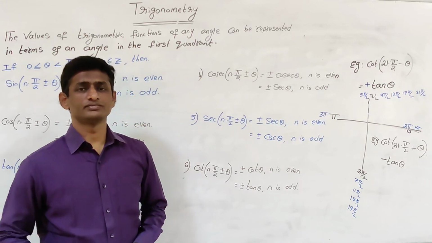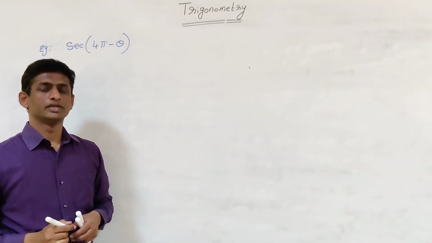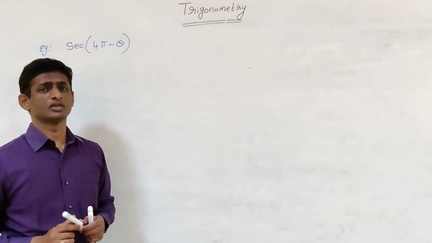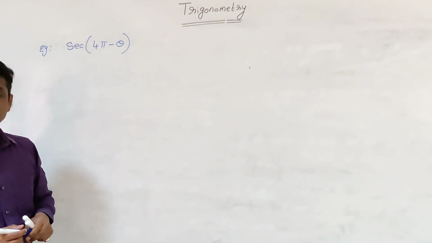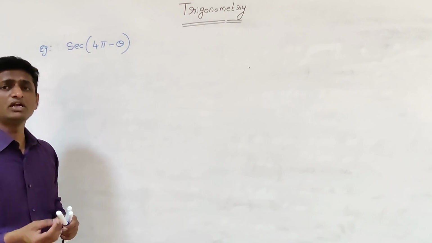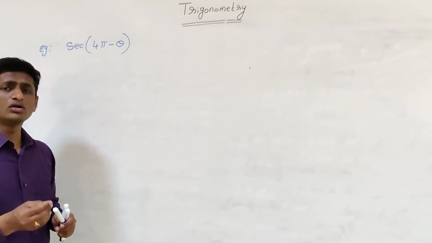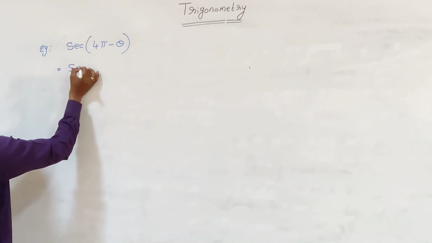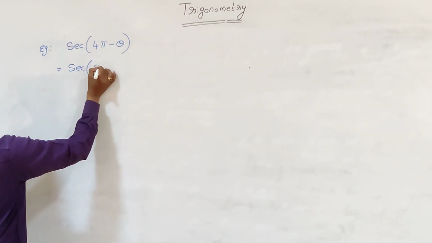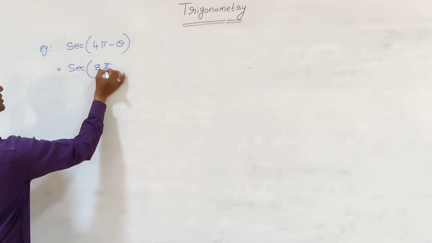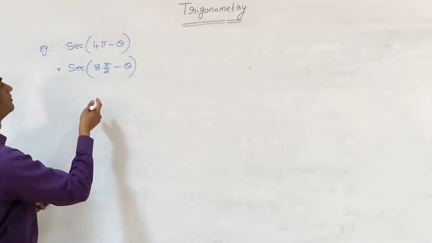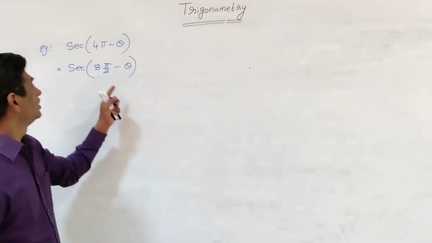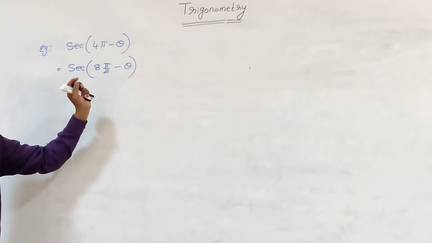Next problem. Secant of 4 pi minus theta. So 4 pi, is it an even multiple of 90 or an odd multiple of 90? We will check. Secant of 4 pi can be written as 8 into pi by 2 minus theta. 8 is an even integer, so it is an even multiple of 90.